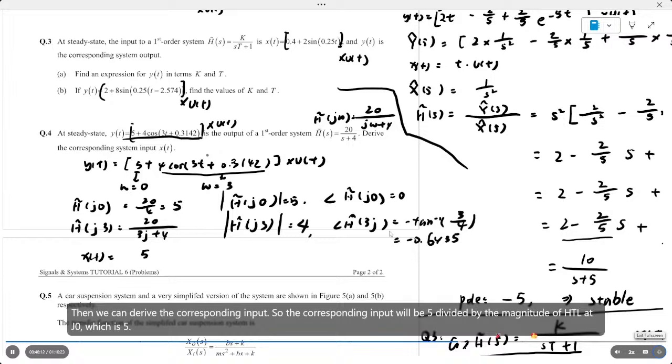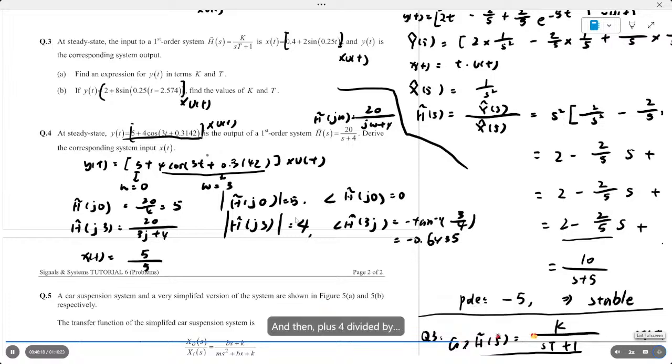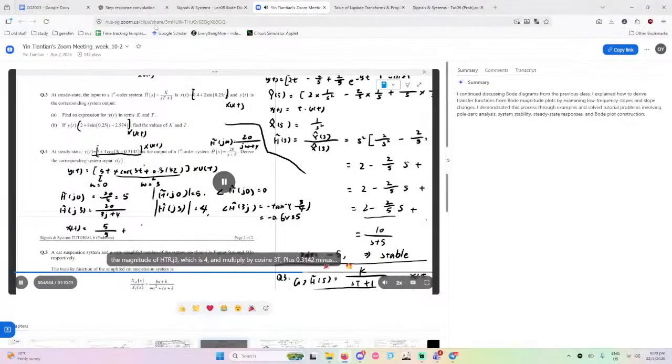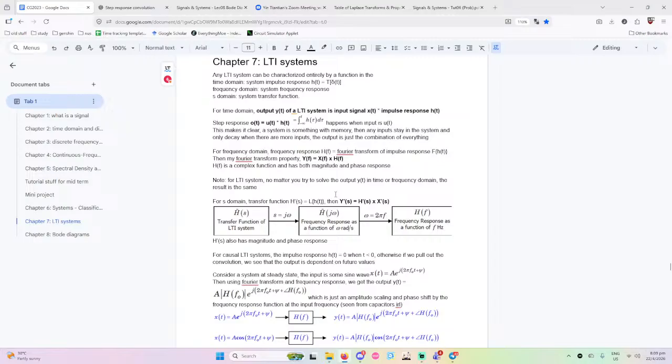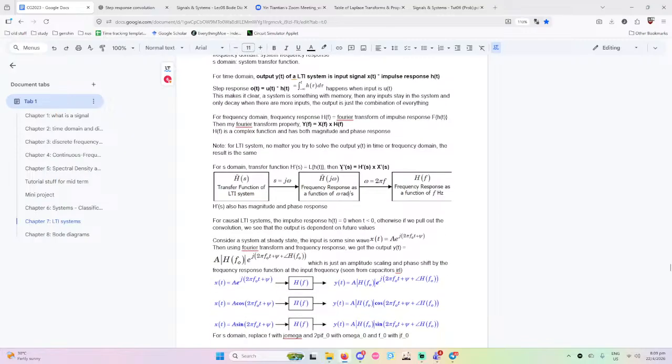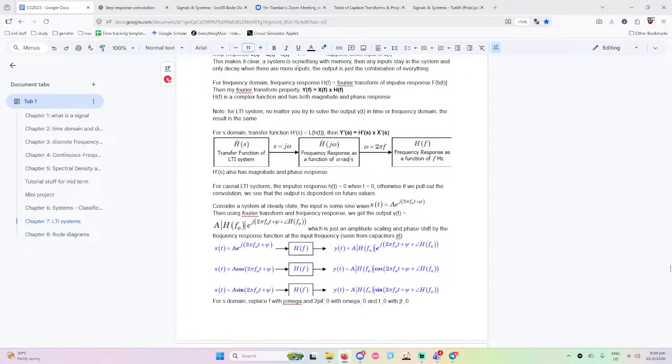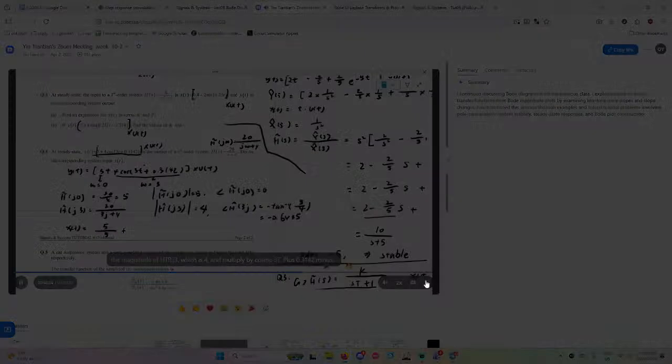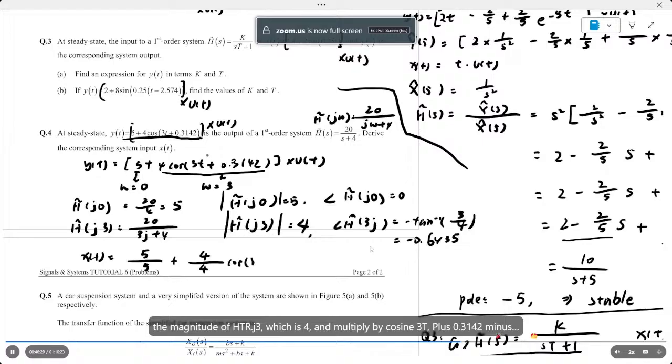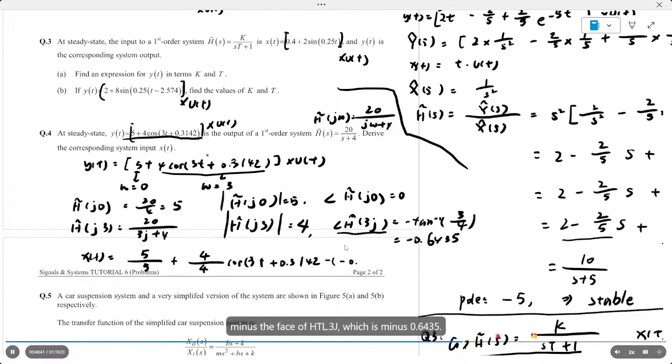So the corresponding input will be 5 divided by the magnitude of H(j0), which is 5, and then plus 4 divided by the magnitude of H(j3), which is 4, and multiply by cosine (3t plus 0.3142 minus the phase of H(j3), which is minus 0.6435).